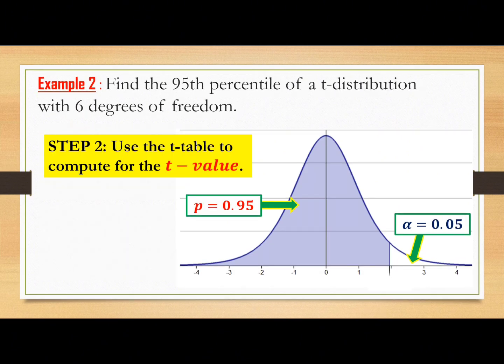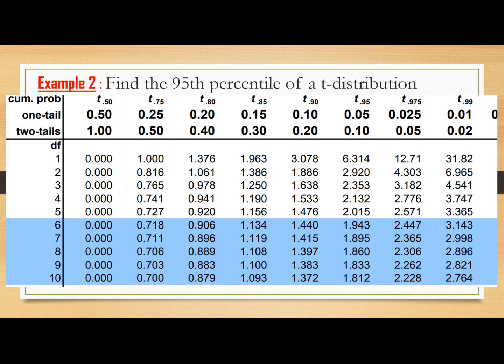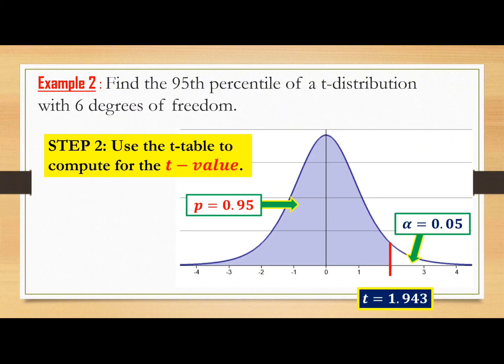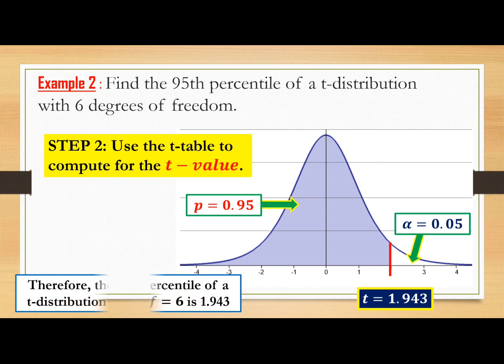Step 2 is use the t-table to compute for the t-value. This is the t-table, and it is used like the z-table. Here is our alpha of 0.05, or we can also use the 0.95 percentile above it. Then on this side we find our degrees of freedom of 6. Like the z-table, where they meet would be the area or the t-value.